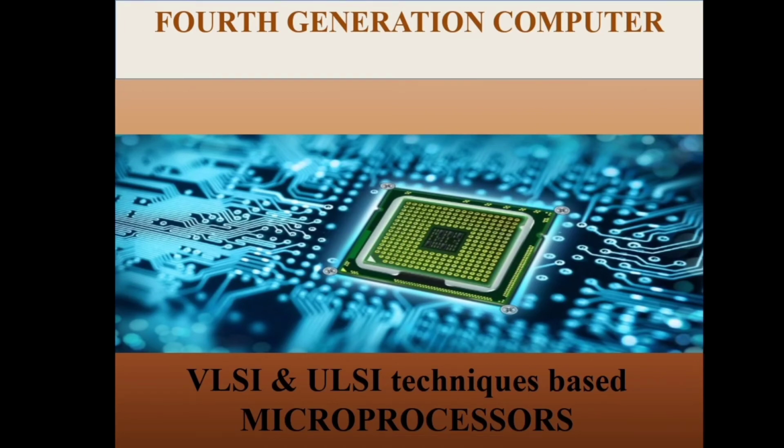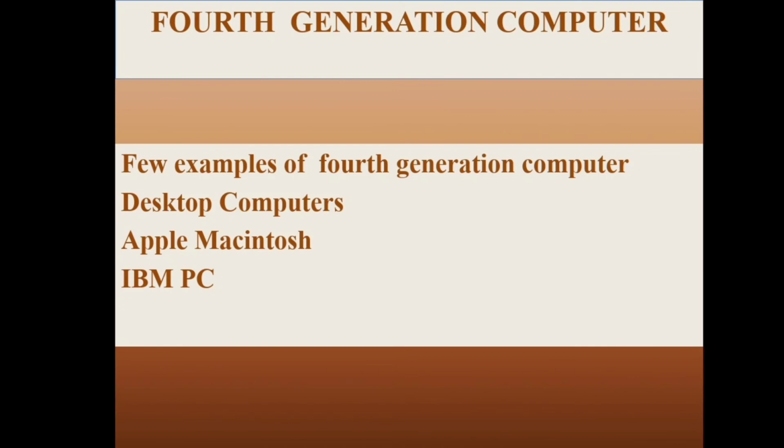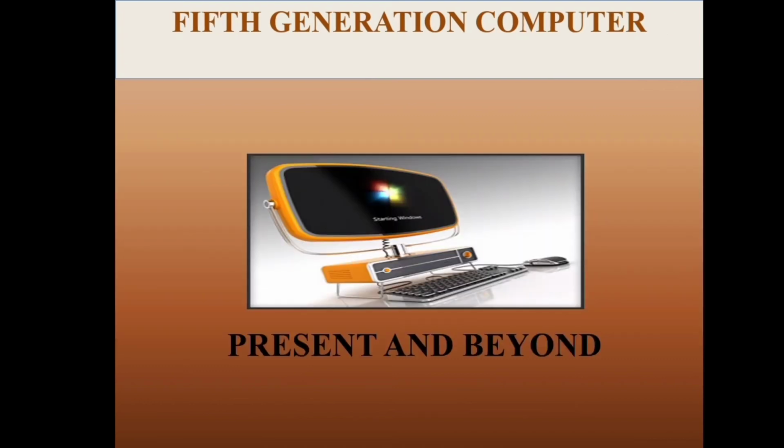The present day computers can be linked together to form computer networks. This led to the development of a worldwide network called the internet. Now here are a few examples of fourth generation computers: desktop computers, Apple Macintosh and IBM PC.